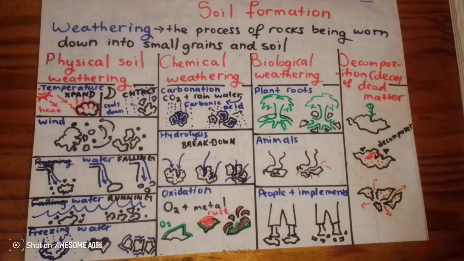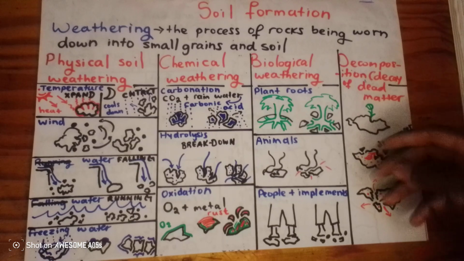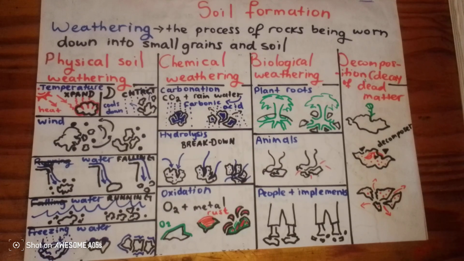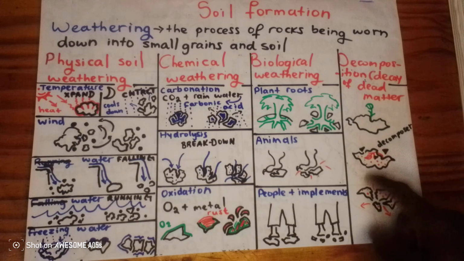Good. Then last but not least, we have the decomposition of dead matter. So here we have a plant. The plant dies in the red. So of course in green it was healthy, red it's dead. Then we have these black little guys over here that decompose. What they do is they feed off the dead material.